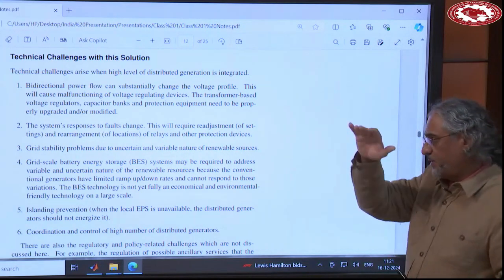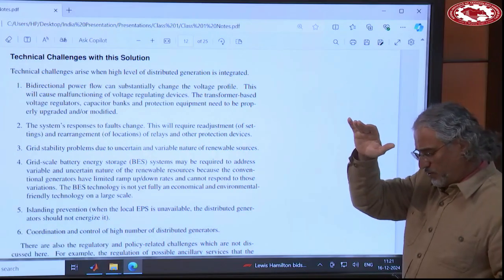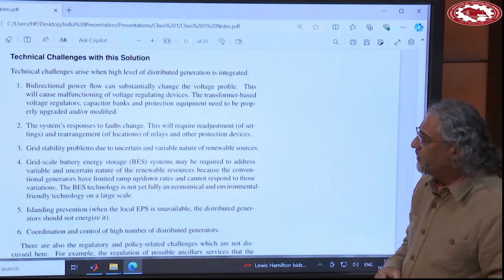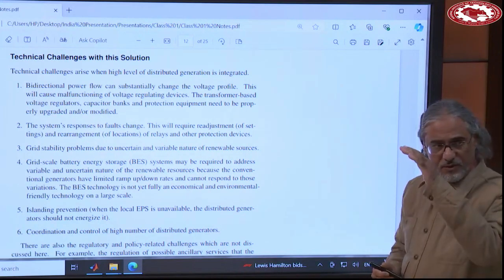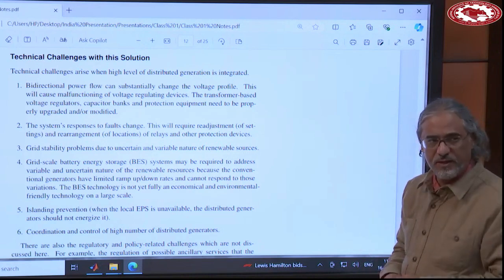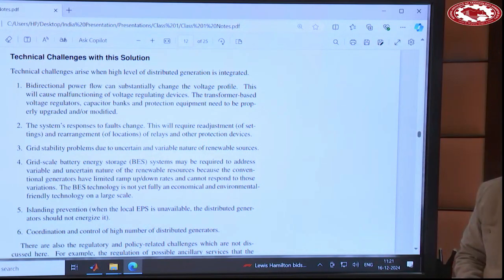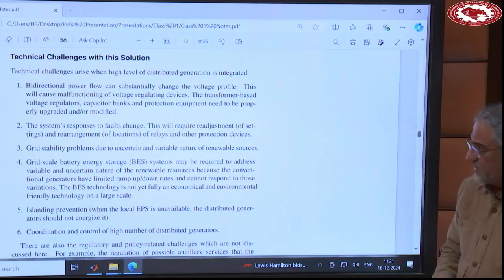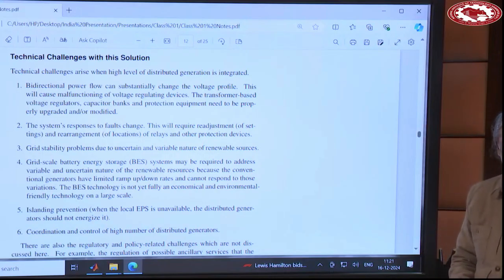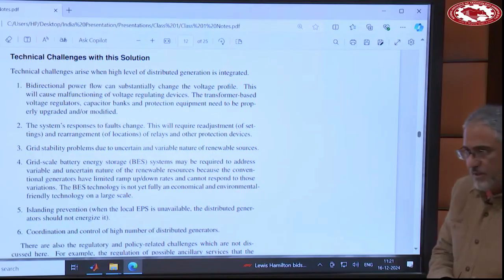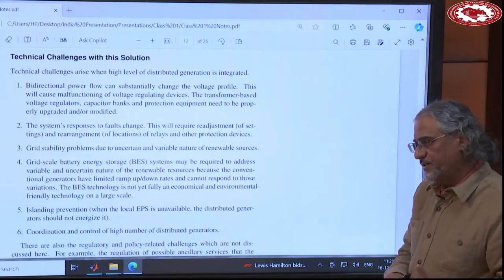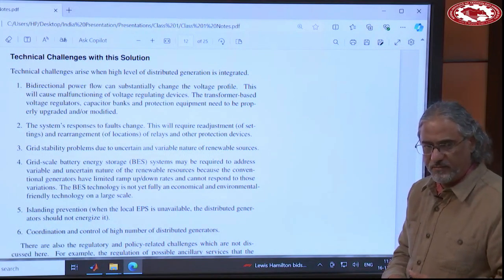Basically, if you look at this power system, the power flow is unidirectional from generation to the distribution through the transmission. Maintaining and operating this power system necessitates putting a lot of, for instance, breakers, switches, and relays to protect the power system.